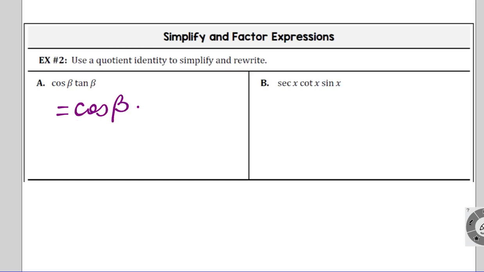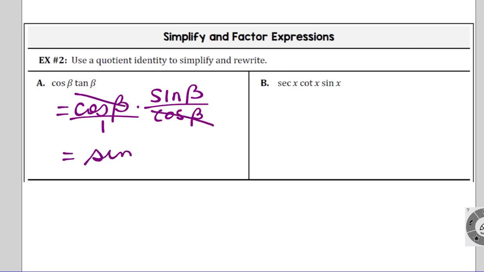Tangent is what? Sine beta over cosine beta. So that gives me cosine beta in my denominator and also in my numerator. They cancel out, so this simplifies to just sine beta.